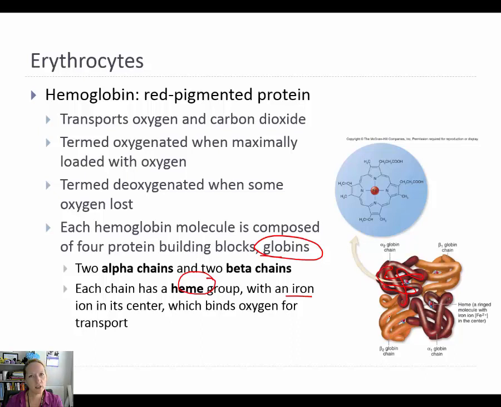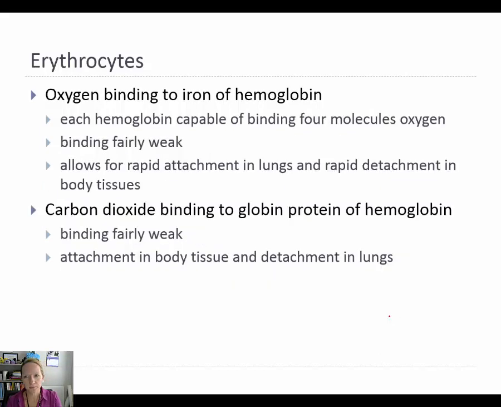So you take 280 million and multiply by 4, you get over 1 billion. So that's over 1 billion oxygen molecules in one erythrocyte. And if you think about how many erythrocytes are in a microliter of blood, it's about 5.2 million. Let's just say that is a lot of oxygen moving around inside of our bloodstream.